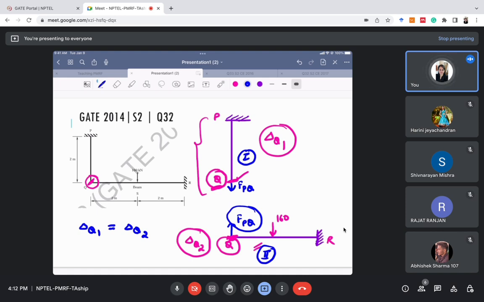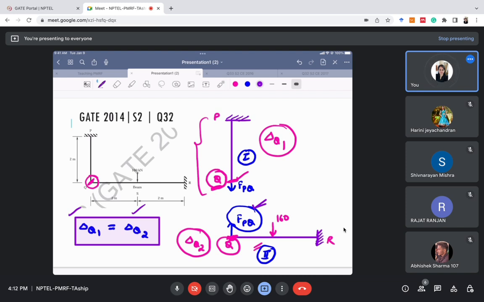So that is the compatibility condition, right? This is the condition I'm going to use, and using this condition I'm going to solve for the value of FPQ. I hope there should not be any problem till this point. Okay. Now, what will I do? I'll find this delta Q1, I'll find delta Q2, I'll equate these two, and from that equation I'll find this FPQ.